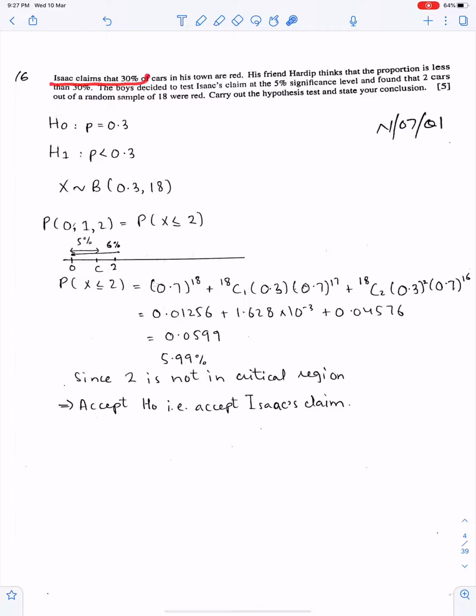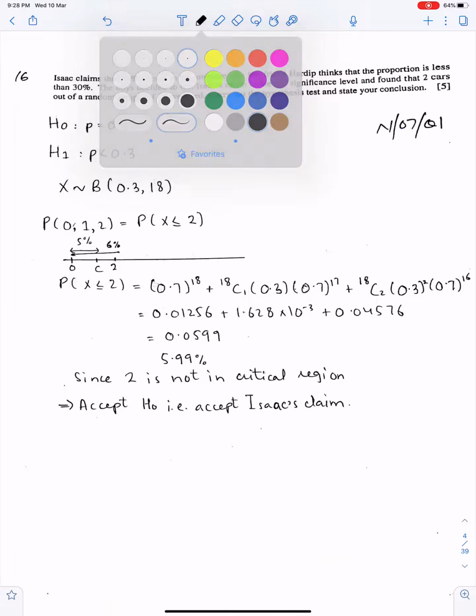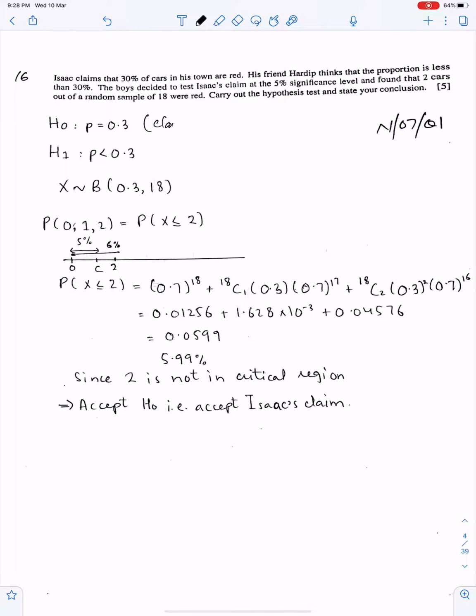Isaac claims that 30% of cars in his town are red. Now this is the claim. Generally, claim is H1, but in this question, the claim is H naught. His friend Hardip thinks that the proportion is less than 30%, so we must have lesser sign here. This is the claim of Isaac, or you can say Isaac's claim.